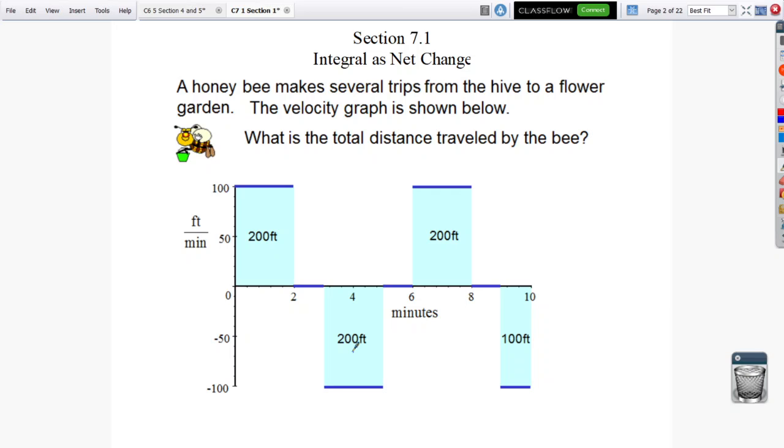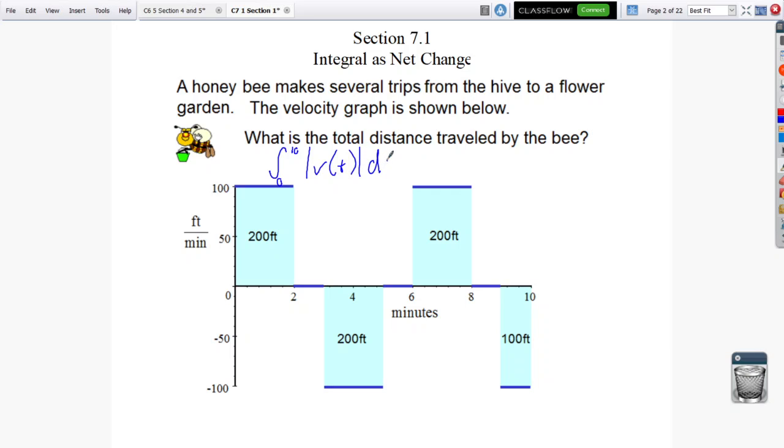Basically, when we calculate our total distance, we need to take away any negativity from our velocity function. The way that we write that is the distance is equal to the integral from the beginning of the journey to the end of the journey of the absolute value of the velocity.